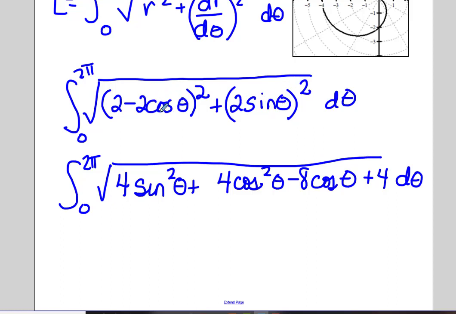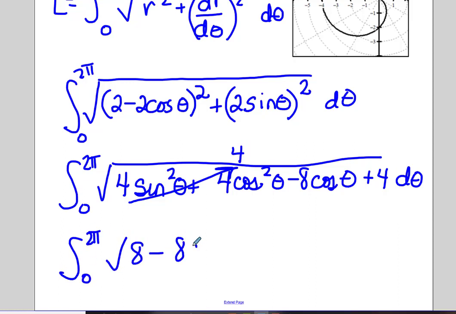This is 4 cosine squared theta. 4 and 4 is 8, and then plus 4. So 4 sine squared theta and 4 cosine squared theta, that's 4. So we have 4 and 4. That would be 8 minus 8 cosine theta.